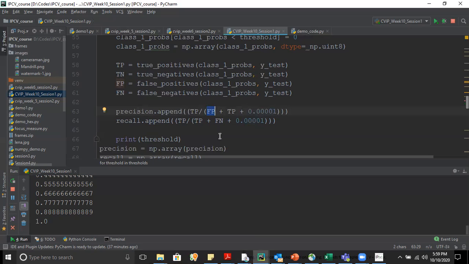Among the total number of positive examples, how many of them are correctly classified, that is, the proportion of the positive examples which are correctly classified among the total number of positive examples in my test set. That proportion you call recall.